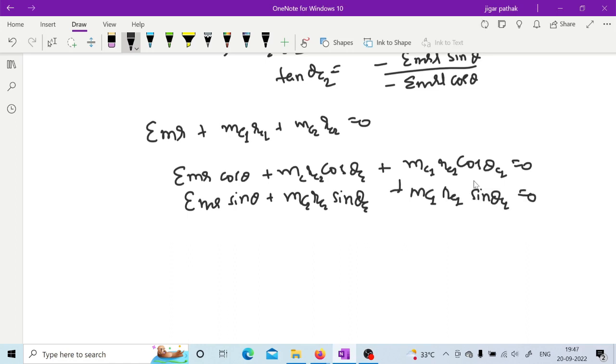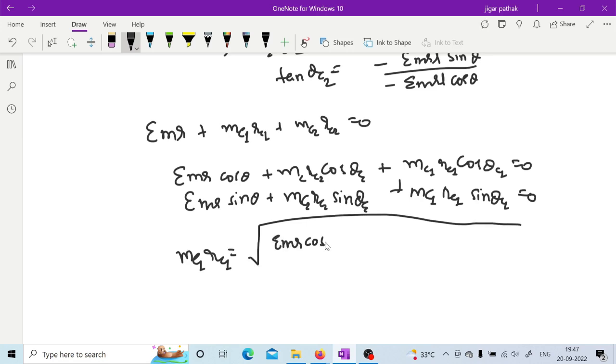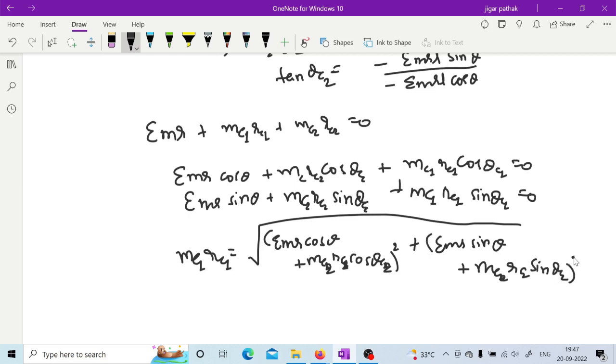Here again you can make this a subject, and then squaring and adding will give you the value of MC1 RC1 equal to the square root of sigma mr cos theta plus MC2 RC2 cos theta C2, this whole square, plus sigma mr sin theta plus MC2 RC2 sin theta C2, again this whole square. So this is how you will get this MC1 RC1.